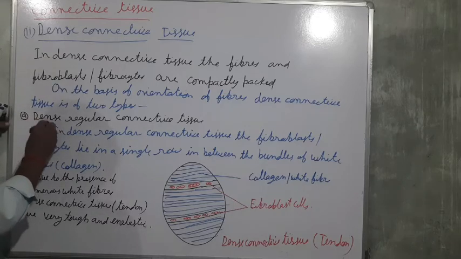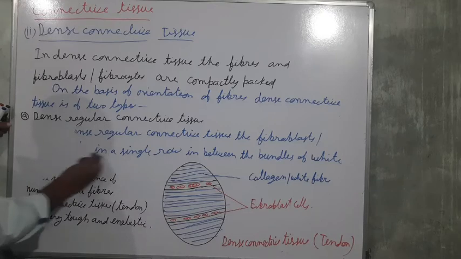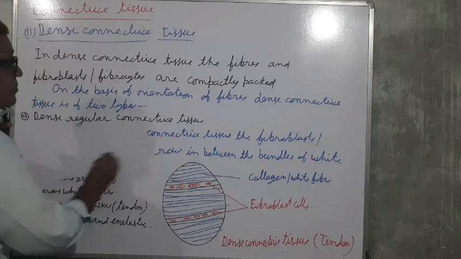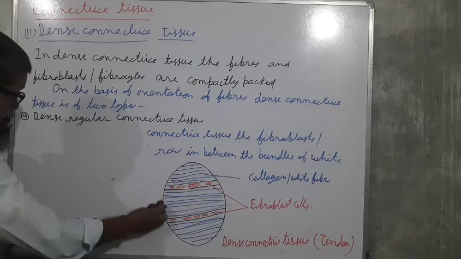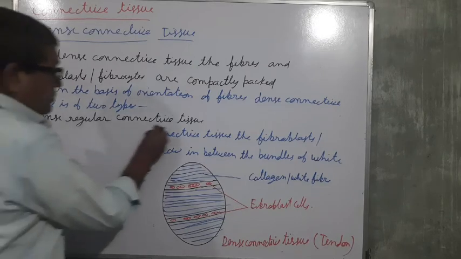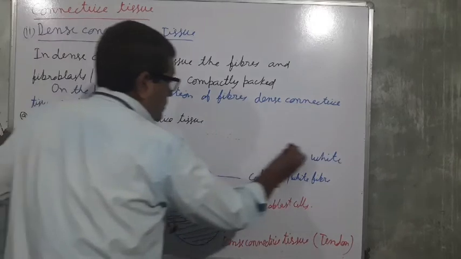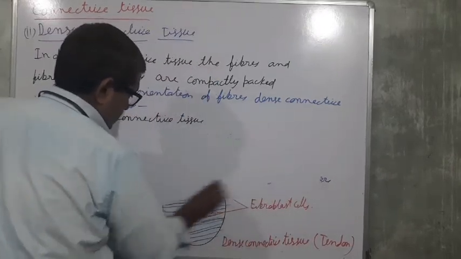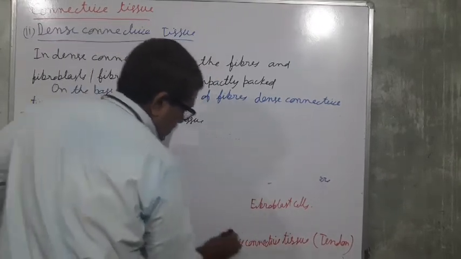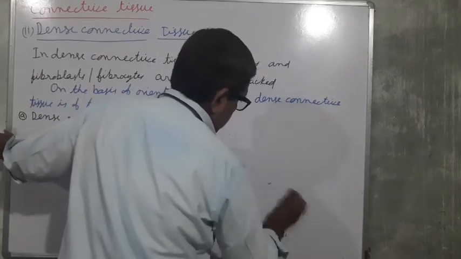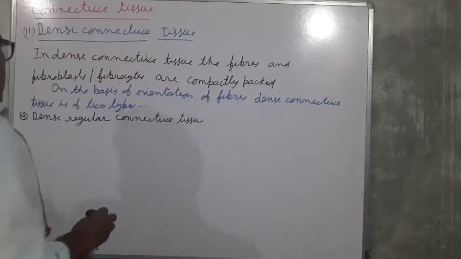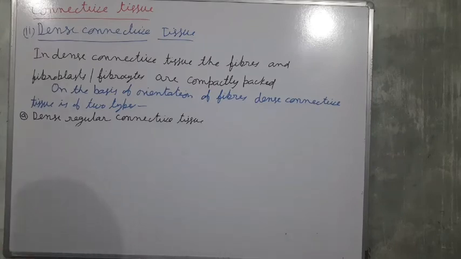Example of dense regular connective tissue is the tendons.